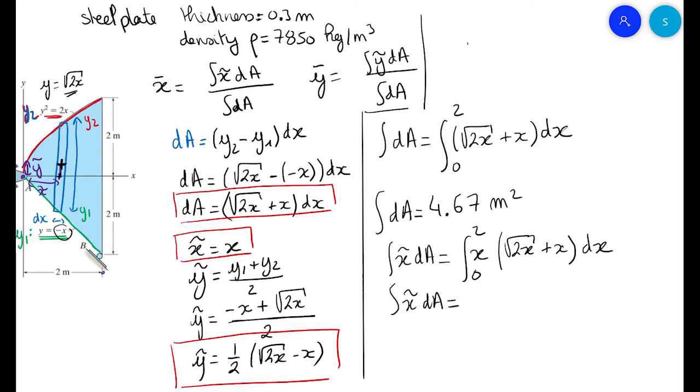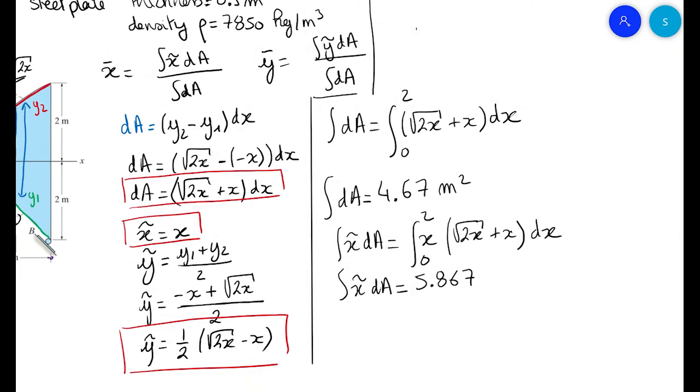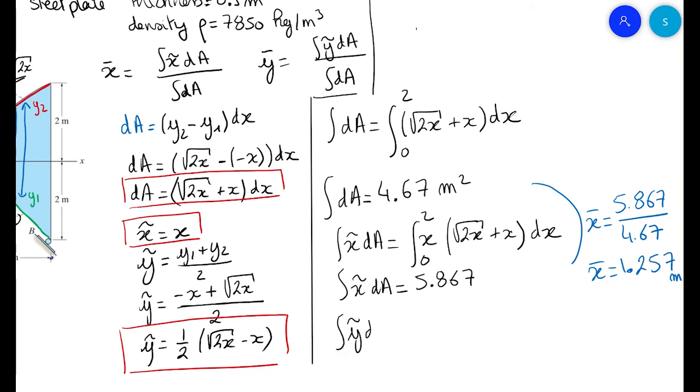That gives 5.867. It means that we can find x bar: 5.867 divided by 4.67, so x bar is equal to 1.257 meter.